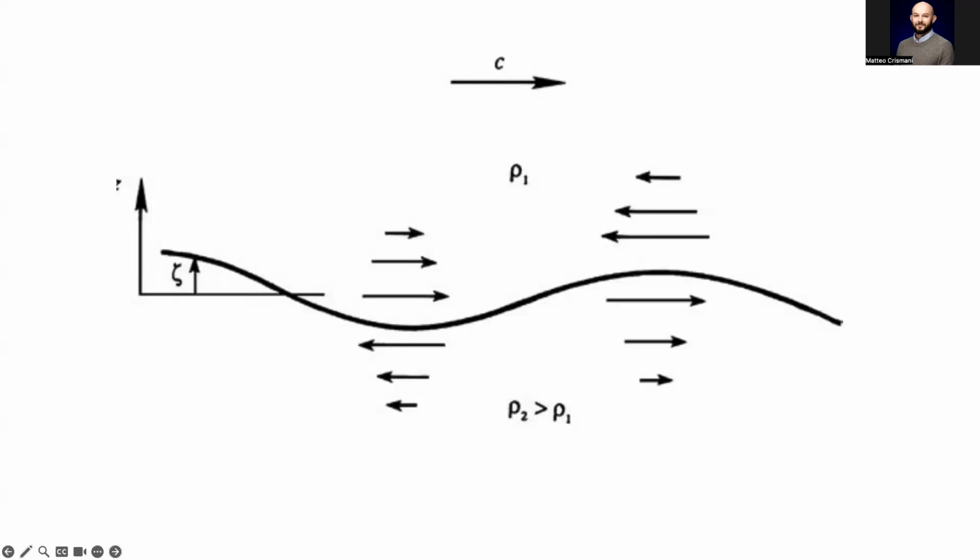Generally speaking, 2 and 1, right? If 2 is bigger than 1, this is going to be positive. Is this number here bigger or less than 1? It's less than 1, right? This is really important because remember that we said c is equal to omega over k.